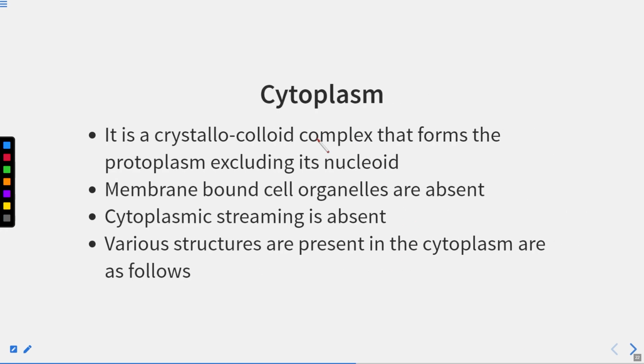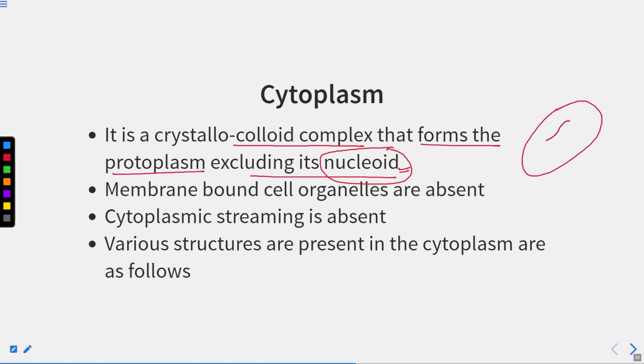So the cytoplasm. It is a crystallocolloid complex that forms the protoplasm excluding its nucleoid. So what is nucleoid? First of all, let us understand, suppose this is the bacterial cell. In the center, a single circular chromosome is there.